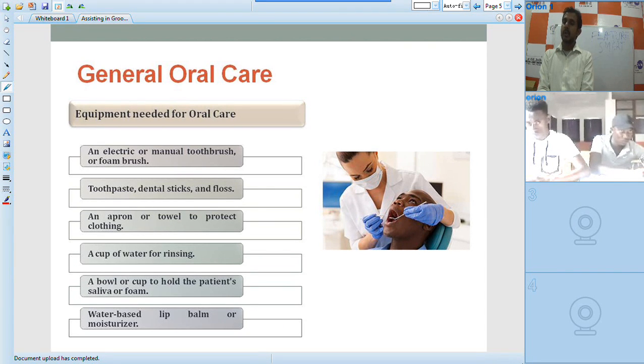You need to use either an electric or a manual toothbrush or a foam brush. It depends on the condition of the patient or in which the patient feels comfortable.